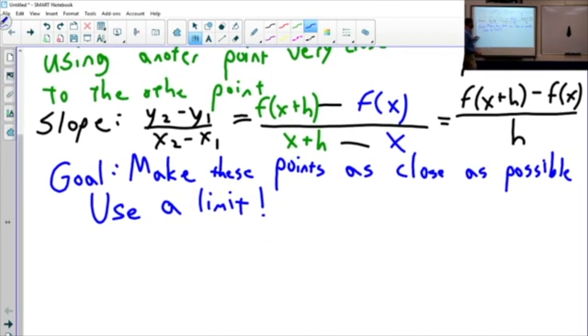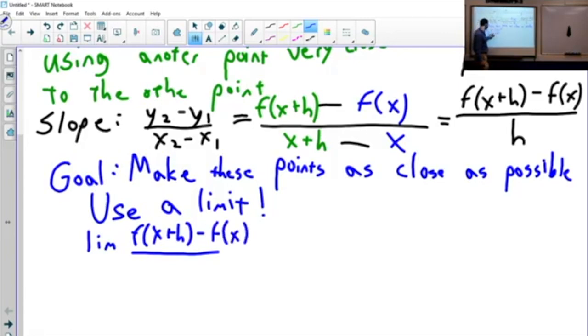And so I'm going to give you just a minute here. So we're going to have this slope formula that we got, the f of x plus h minus f of x all over h.